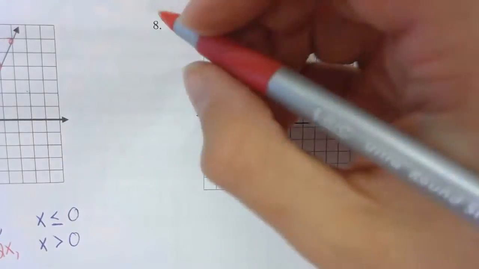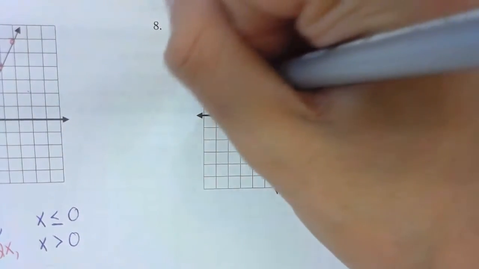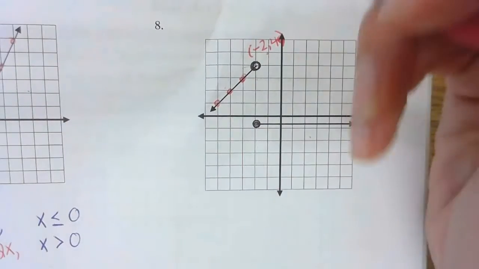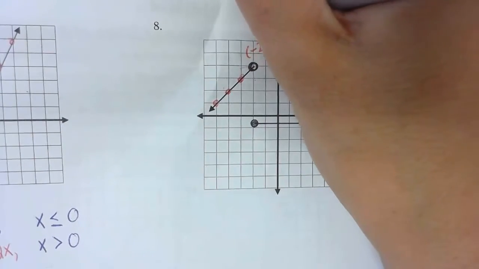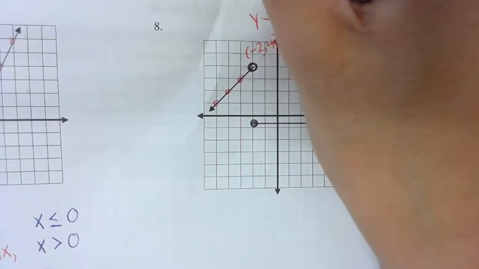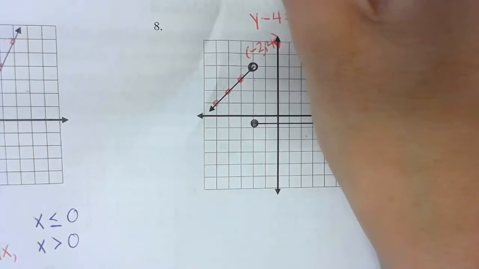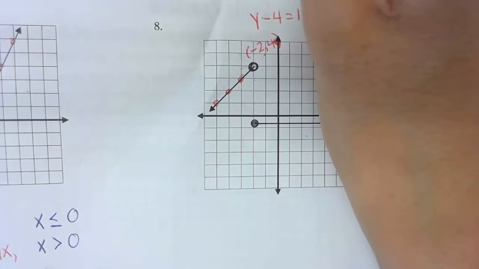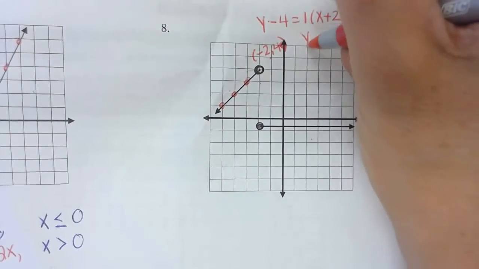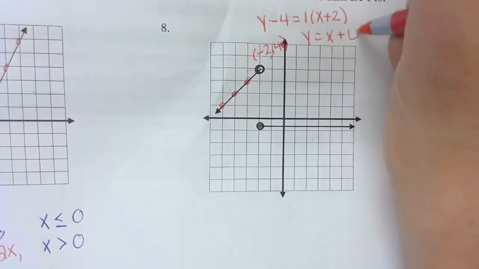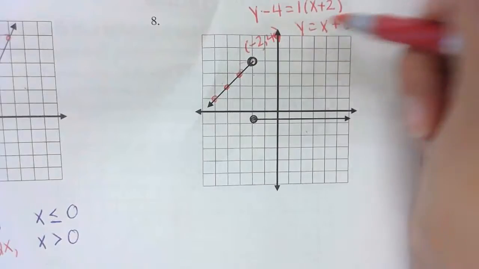If you wanted to calculate that out, you could pick any of these points, find your slope, and plug into point slope form. So again, I could have said y minus 4 equals 1 times x minus negative 2 and solved for y to get y equals x plus 6.